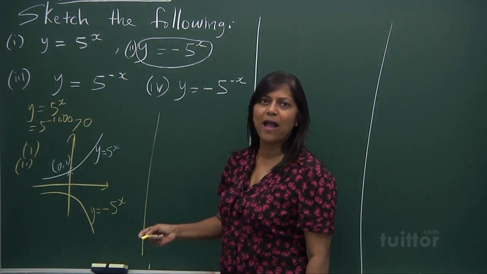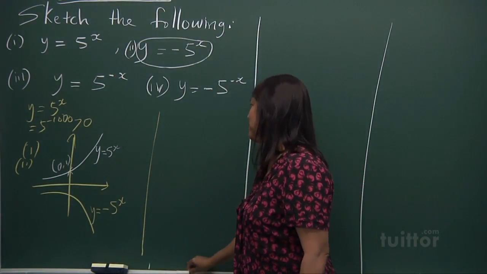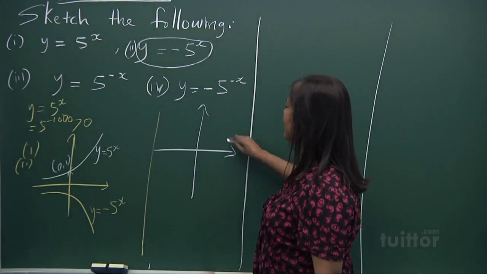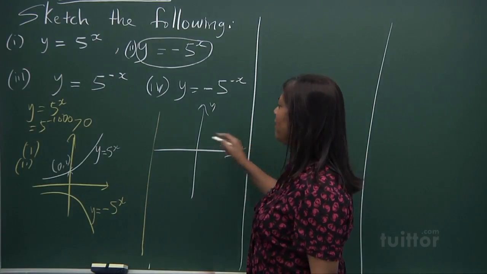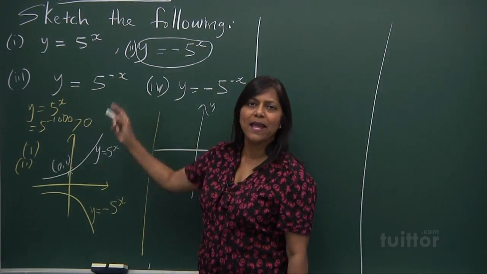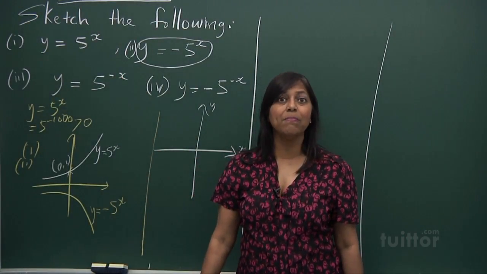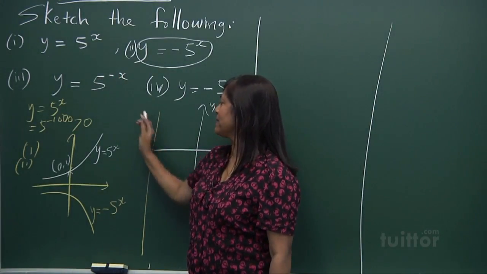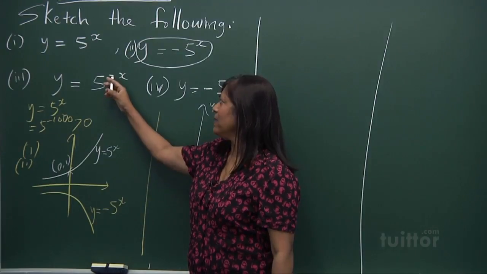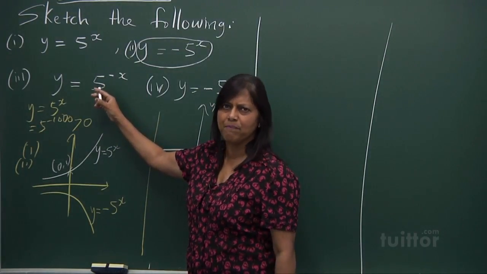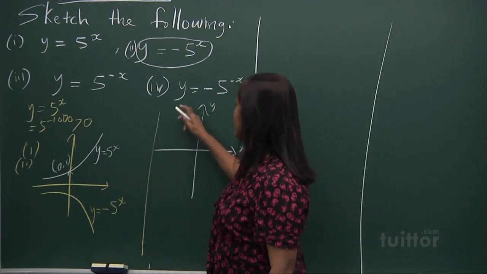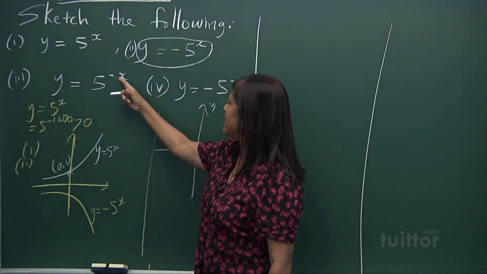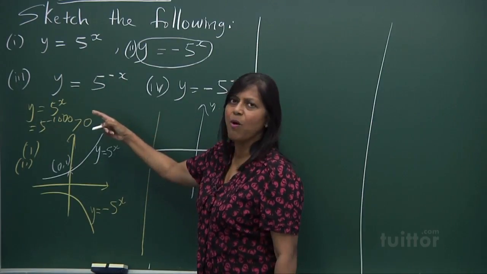y equals 5 to the power of minus x. We just buzzed about it earlier on. For negative values of x, negative and negative will make it positive. So as x gets more and more negative, y becomes bigger and bigger, right? And as x gets positive, this gets smaller.